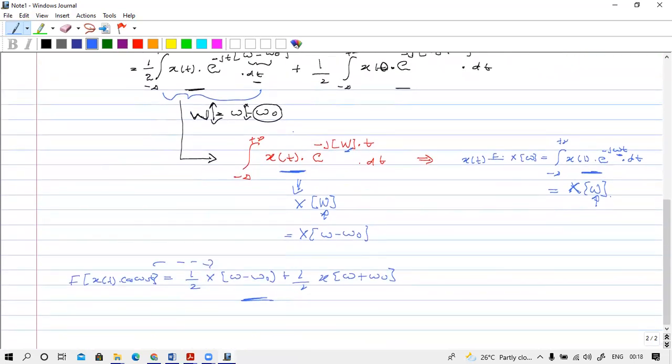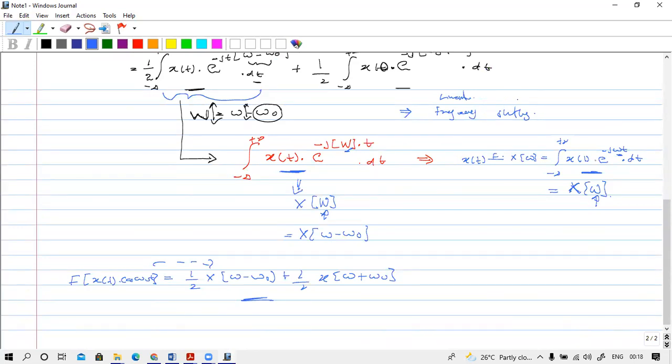Also, this can be interpreted using some properties of the Fourier transform, like the frequency shifting property and the linearity property. Using these properties also we can find this expression.